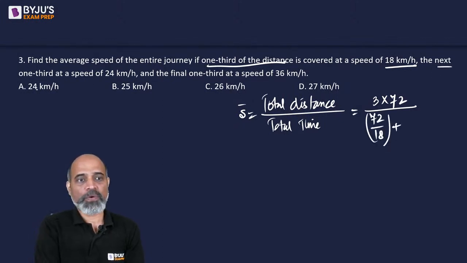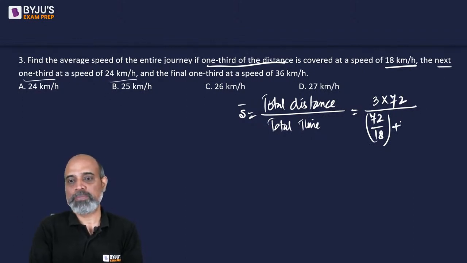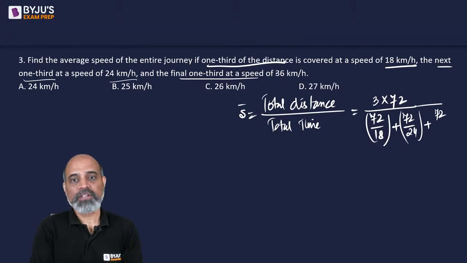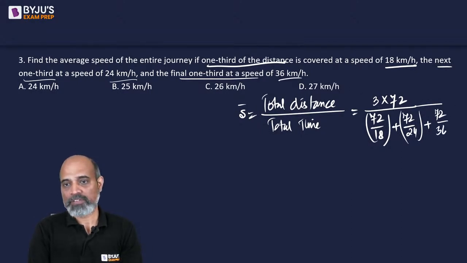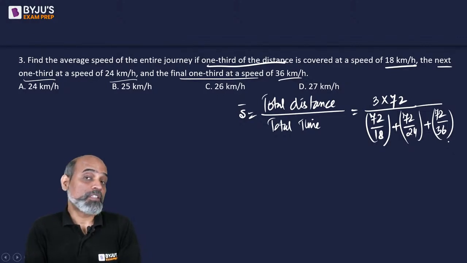The next 1/3, which is another 72 kilometers at a speed of 24 km per hour, gives us 72 by 24. This is the time taken. And the final 1/3, which I'll again take as 72, at a speed of 36 km per hour. This is the time the person takes to cover the third part of the journey.